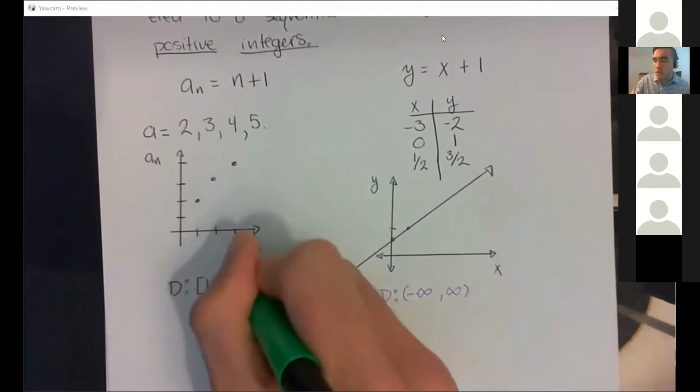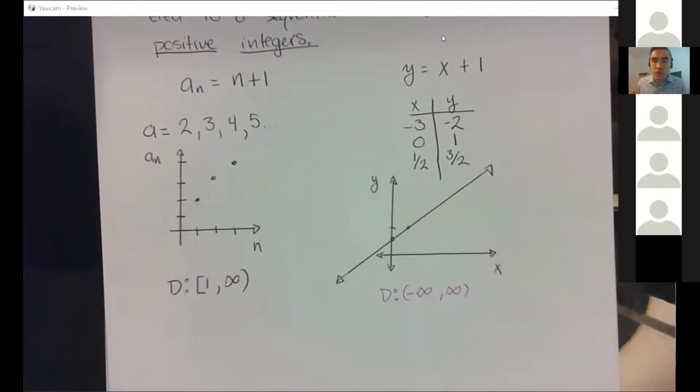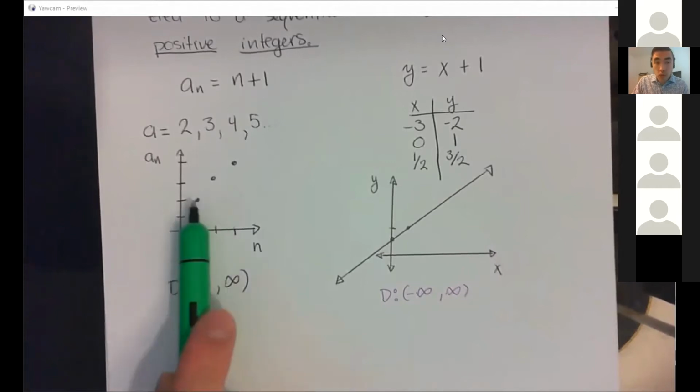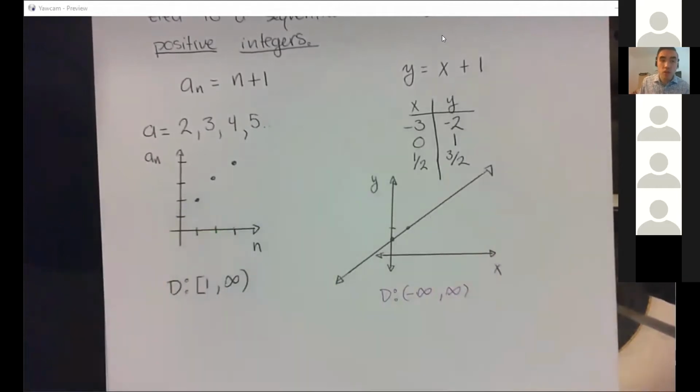But it's even more detailed than that. What other detail would you have to give about the domain? What x's am I plugging in? This is incomplete information about what x values I'm allowed to plug in. The first one I can plug in is 1, then it goes off to infinity, and I can plug in all of those other values. But there's some other detail about the x values I'm plugging in. I'm plugging in 1 and 2.